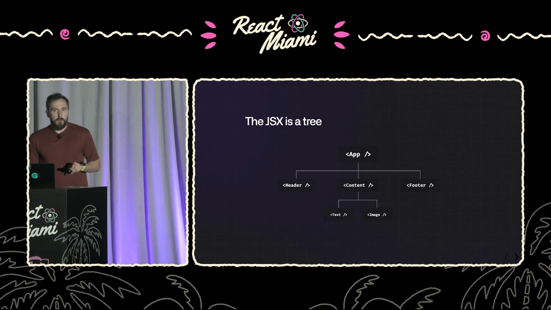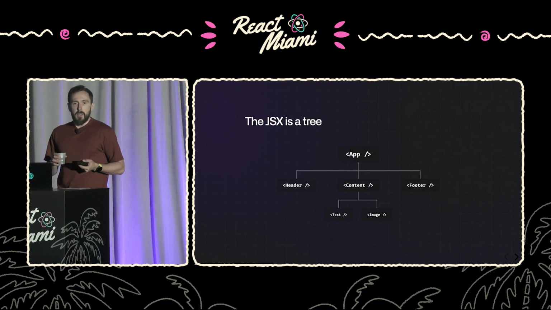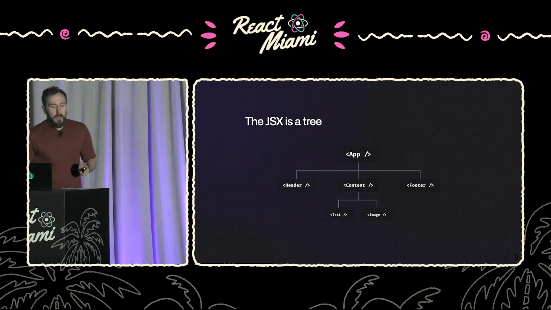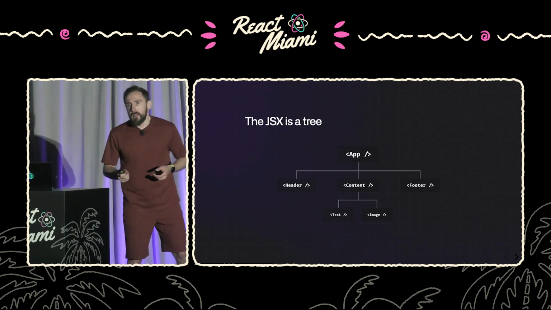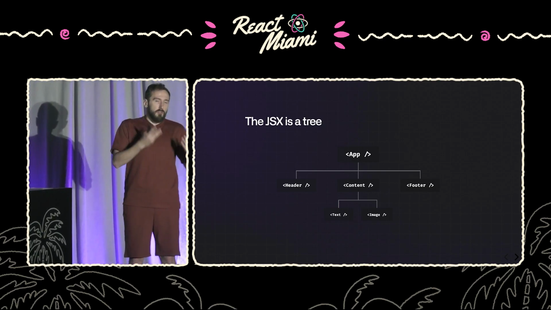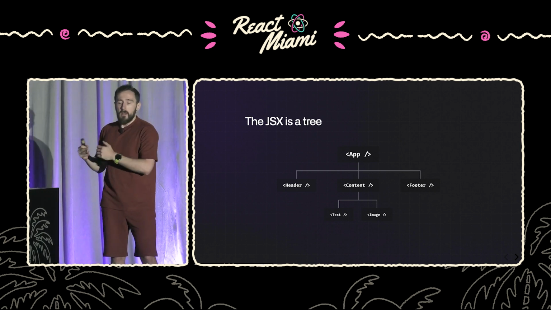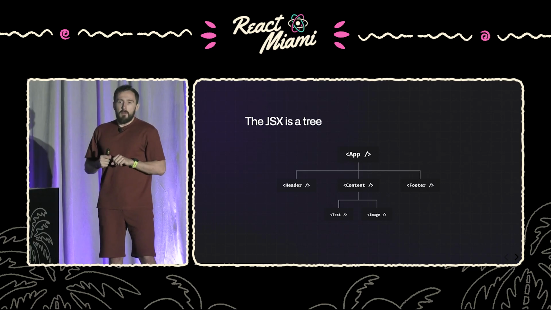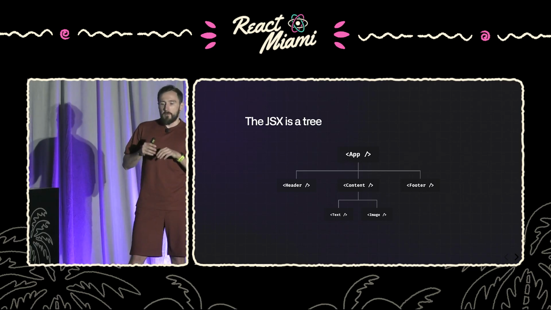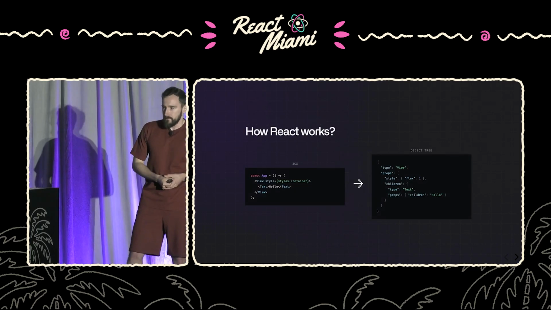First, we need to talk about React and how we build our applications with React. The most important thing is that we build our applications as trees. So we have the root node, we have some custom components we write, and then at the bottom, we have host elements, host components, which are primitives of a given platform.